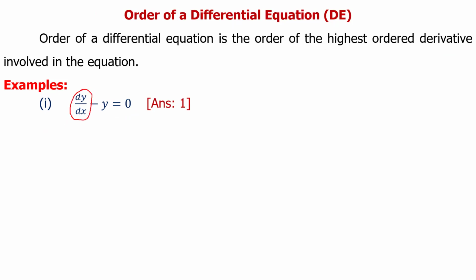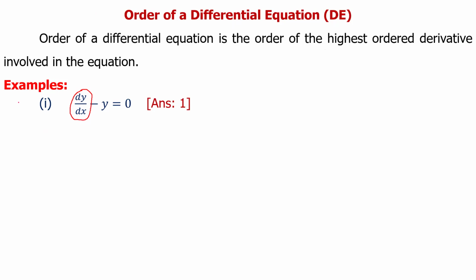Order means how many times the derivative is differentiated: one time, two times, three times, four times. If there is only dy/dx, its order is 1 because it is differentiated only one time. If we have a differential equation in which the derivative has order 2, then we say that it is a second order differential equation, and so on.